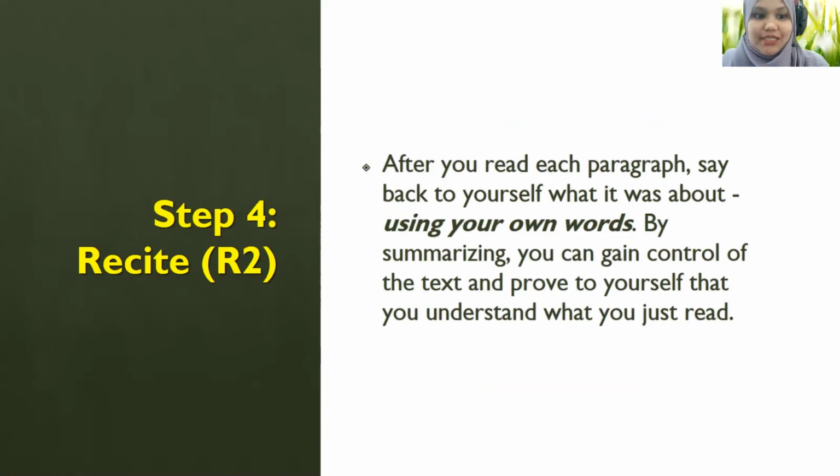It means that you have shown that you actually understand the passage, okay? When you jot down using your own words, it will be much easier for you to summarize whatever you have read from the text without copy and paste word by word, okay? That is why it is highlighted here, using your own words.